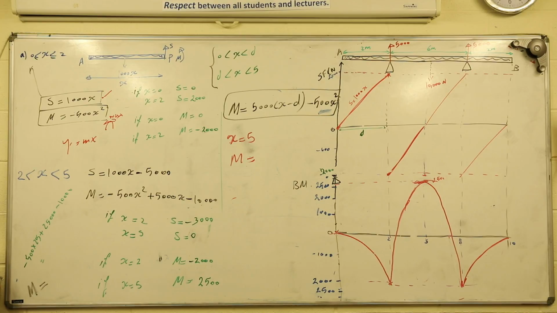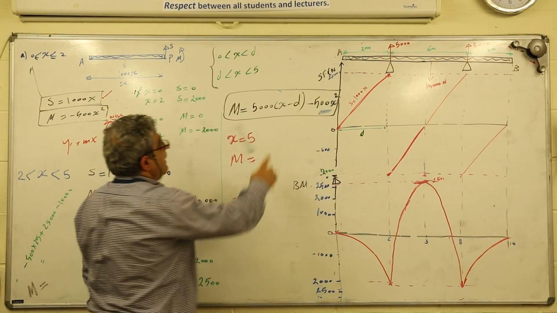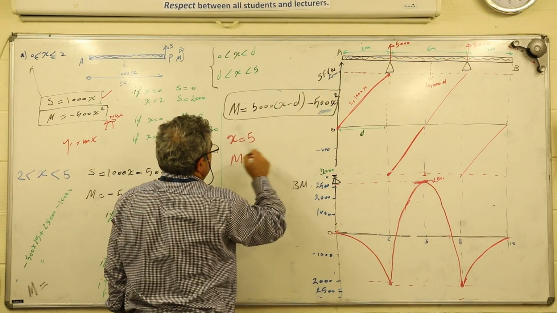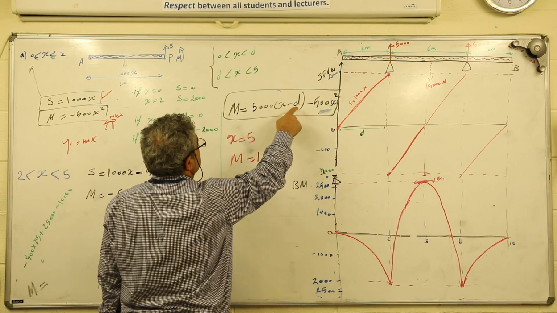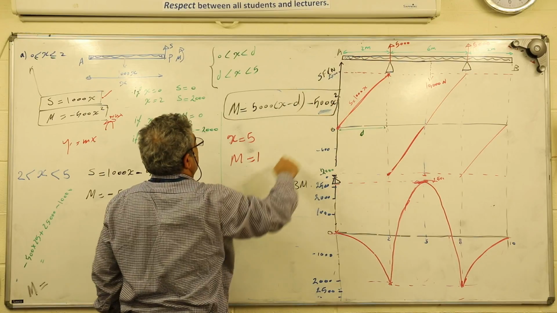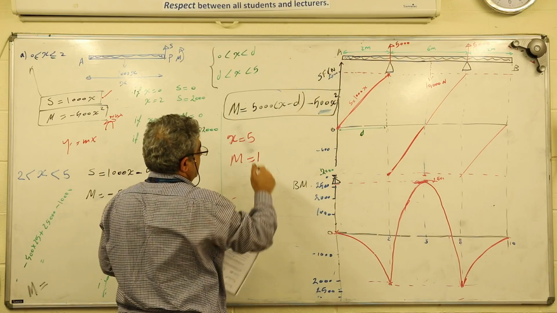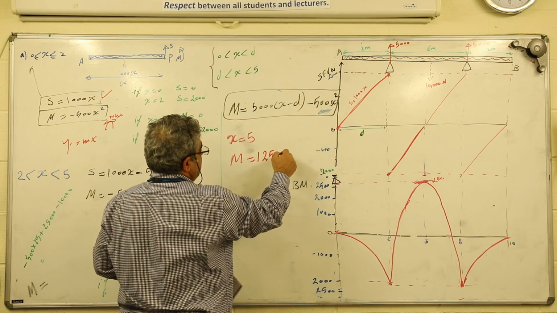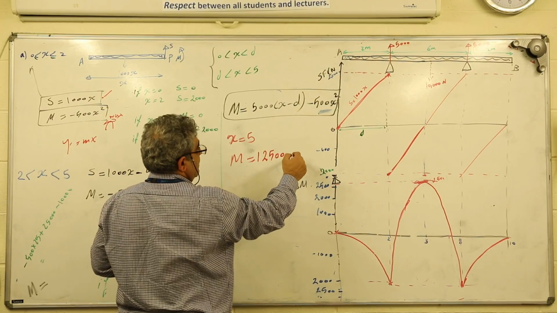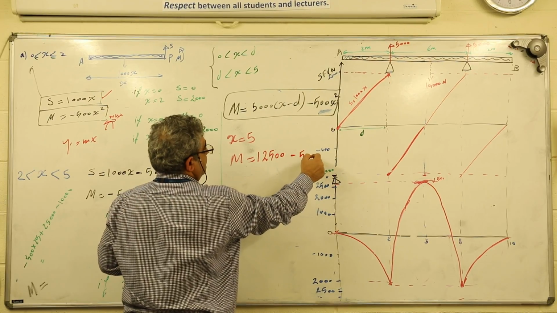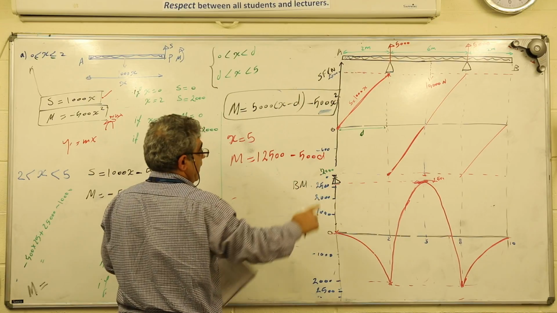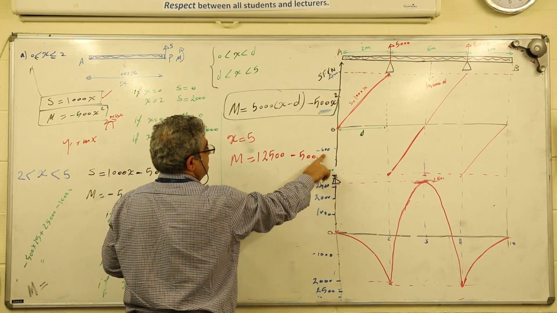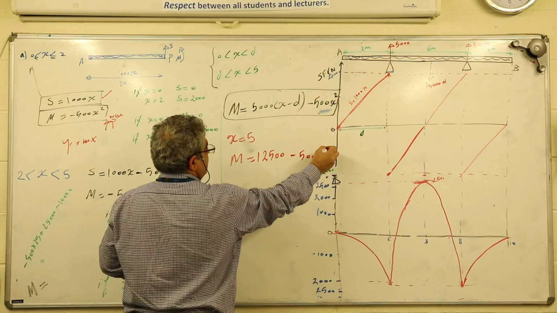The greatest positive bending moment occurs when the x is equal to 5, which is going to be, if you put x is equal to 5, I think it becomes, how much would it be? 25,000 minus something like this, I think. 5,000 d or 500 d? 5,000. Yes?